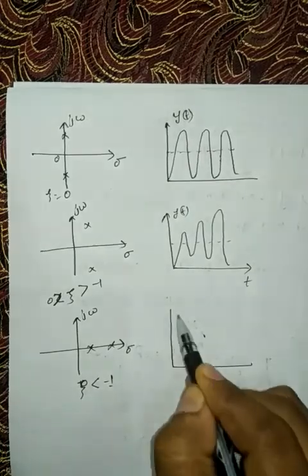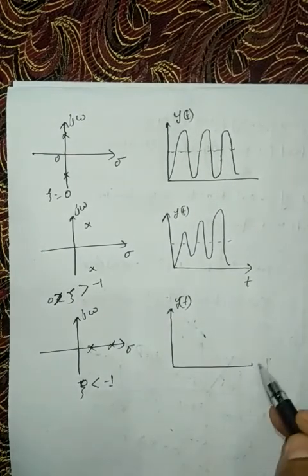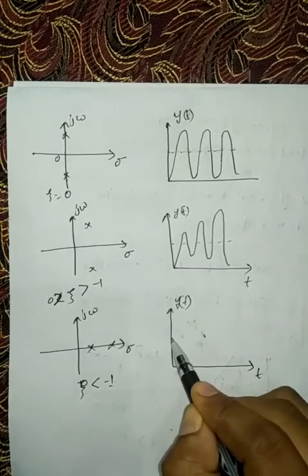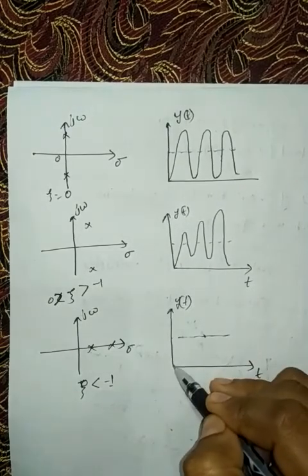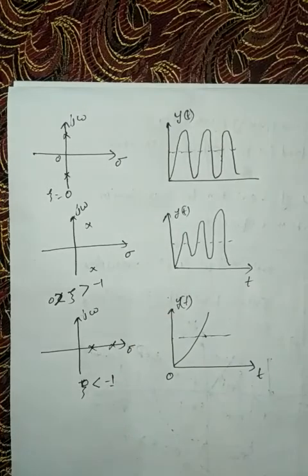And these both conditions are for the system to be unstable. The response is like this, and these both conditions are for zeta negative. Okay, negative damping, right?